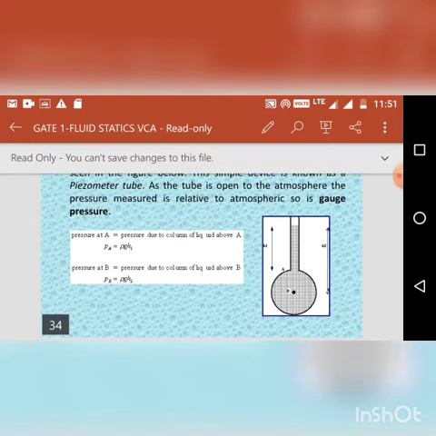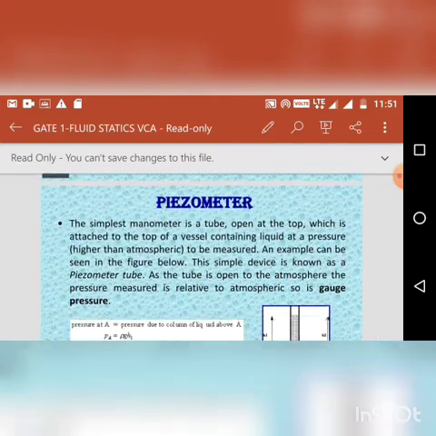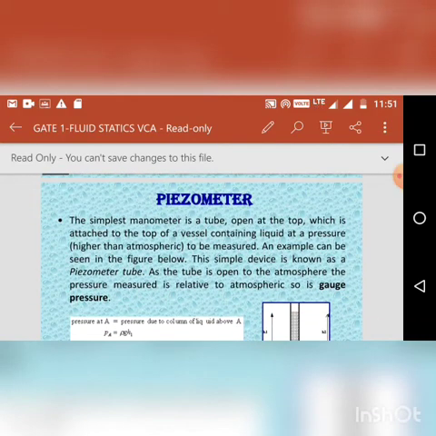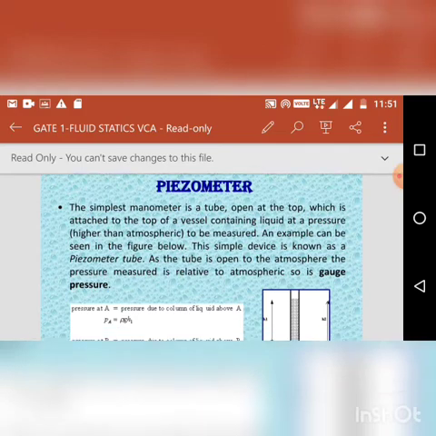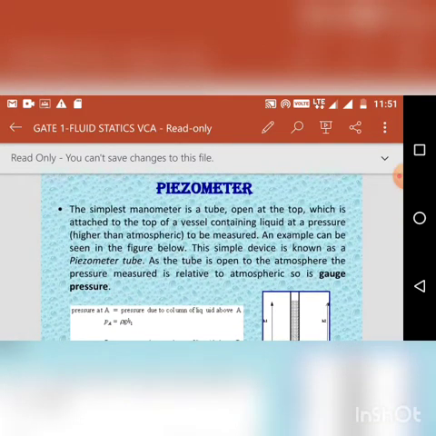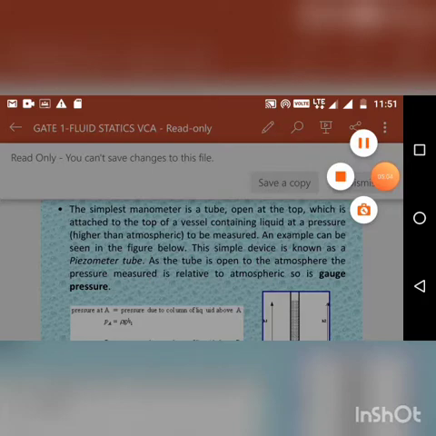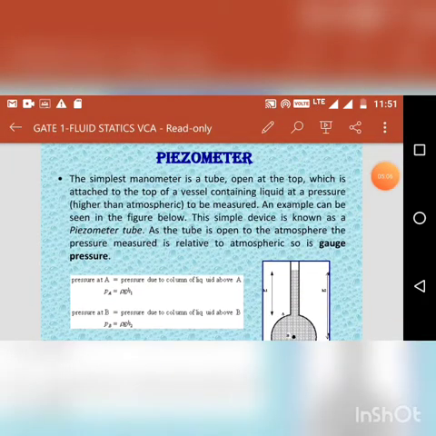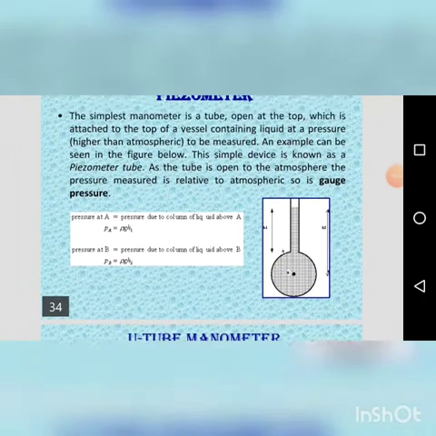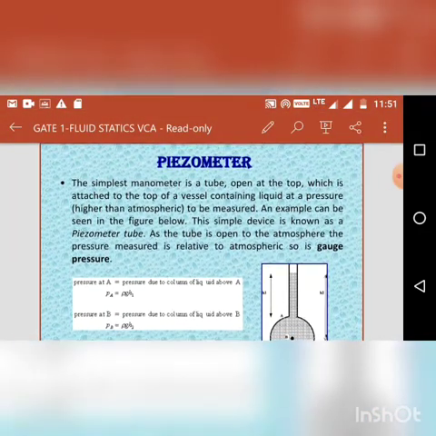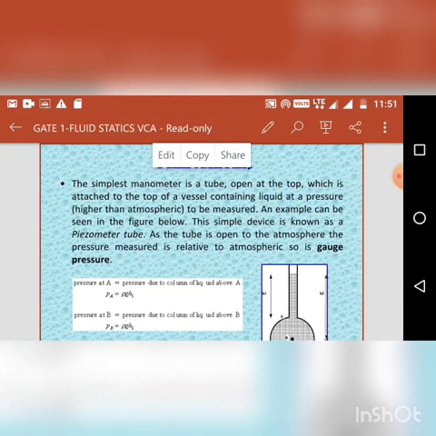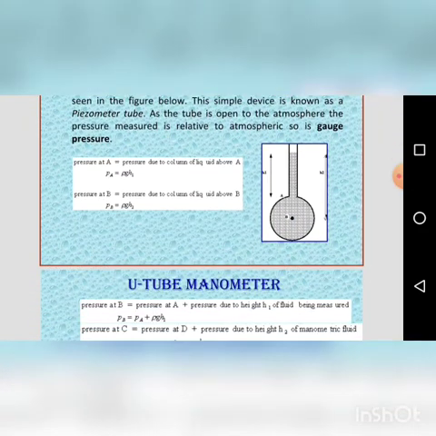Now let's see about the piezometer, which is nothing but a simple tube open at the top, and which is attached to the top of a vessel containing liquid at a pressure higher than atmospheric pressure to be measured. Here the height through which the liquid rises is H1 and pressure is rho g H1.